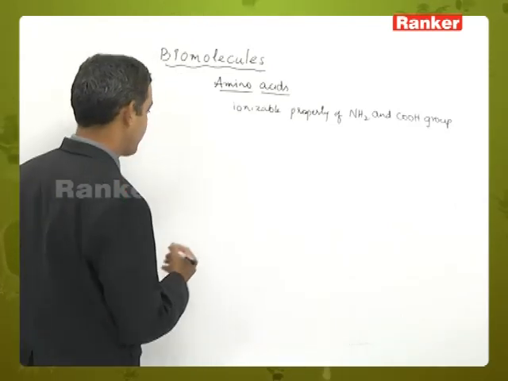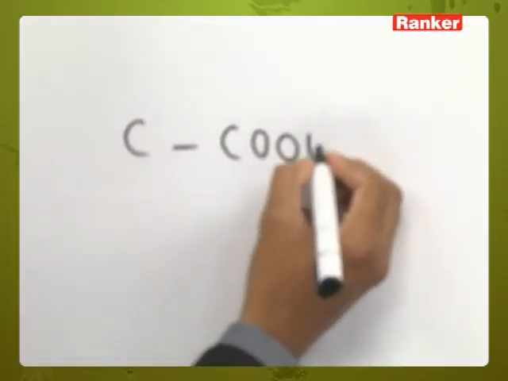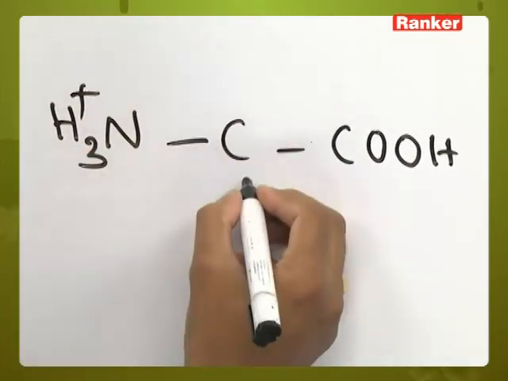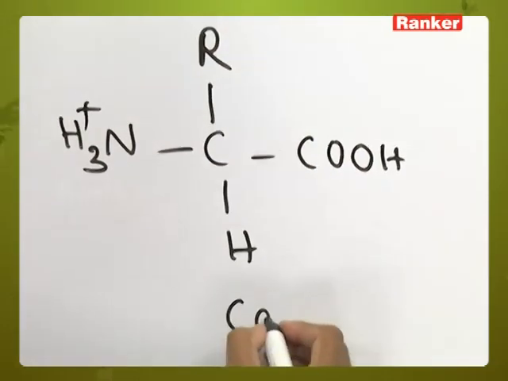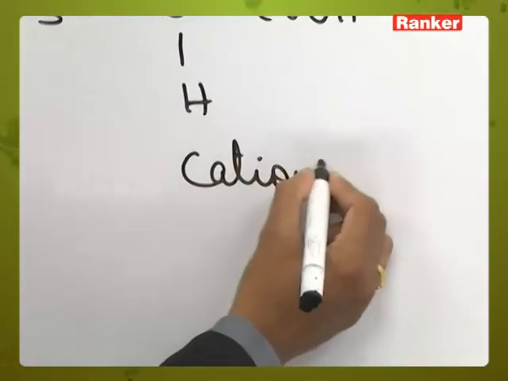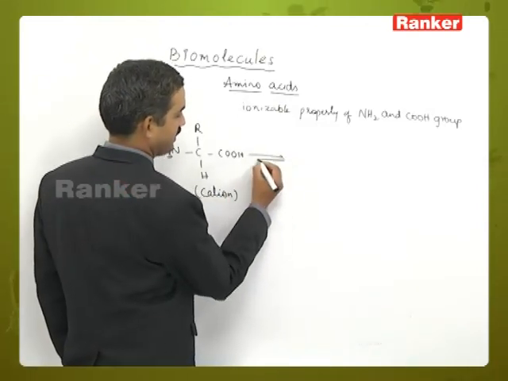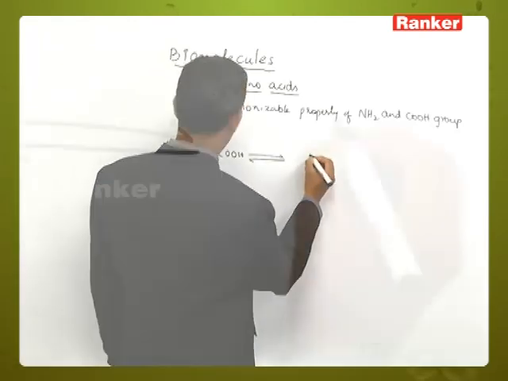So let's take one example here, like COOH and N plus H3. This is a cationic form of the amino acid, where it is interconvertible to form an intermediate nature, that is NH3.